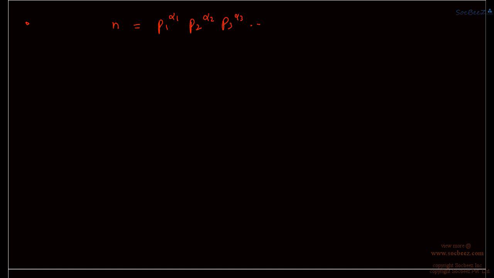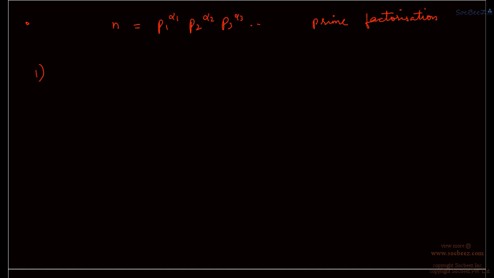Let the prime factorization of n be p1 power alpha 1 into p2 power alpha 2 into p3 power alpha 3, where p1, p2, p3 are all prime numbers, and alpha 1, alpha 2, alpha 3 are obviously their exponents.